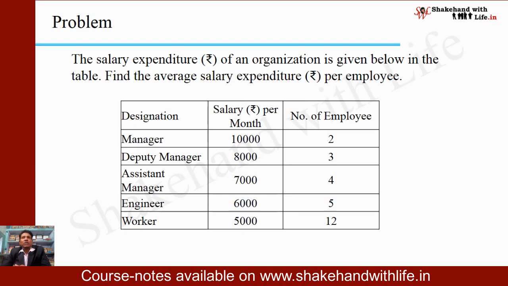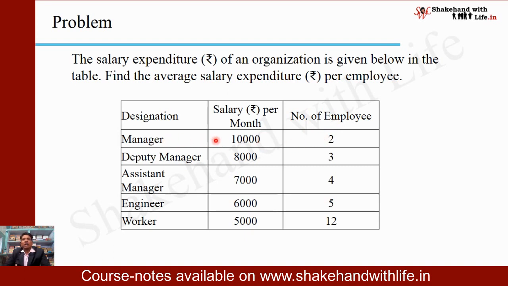The salary expenditure of an organization is given below in the table, and you need to find the average salary expenditure per employee. In the first column, the designation of the employee, in the second column, salary per month according to the designation, and in the third column, the number of employees for each designation.